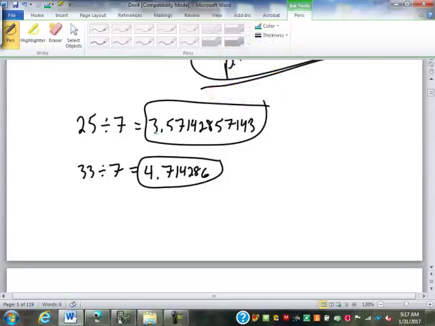Your calculator, by the way, will probably round this one off right about there. For 25 divided by 7, you got it right to the end, and then it rounded on the last digits.